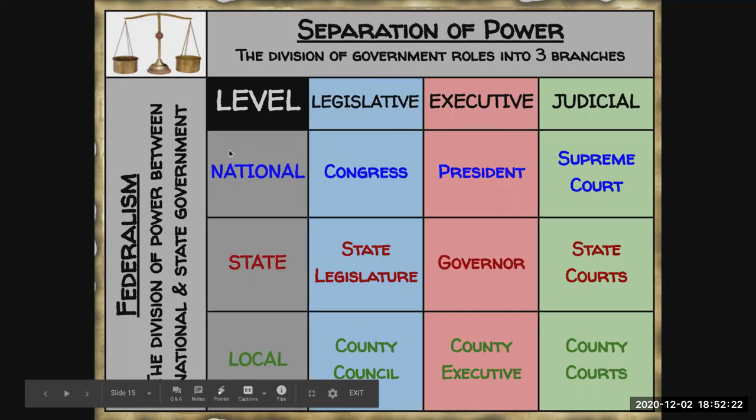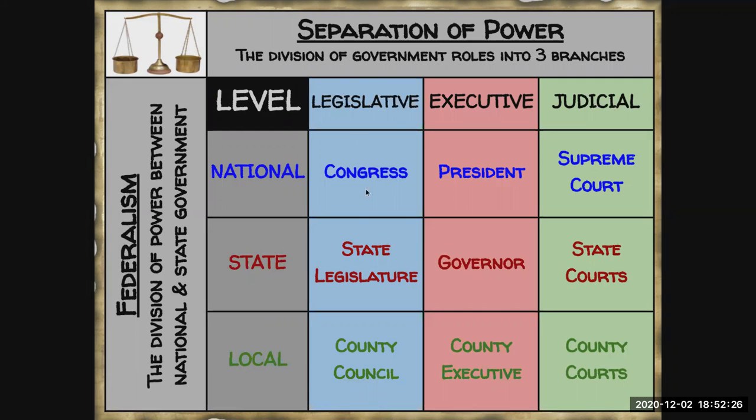As you can see, at the national level, we have Congress as the legislative branch, the president as the executive, and the Supreme Court as the judicial. But then at the state level, states have their own legislatures. They have a governor that acts as the executive, and they have state courts to prosecute state crimes.